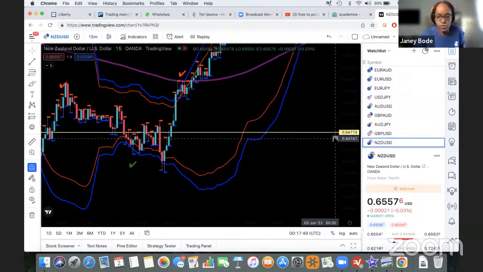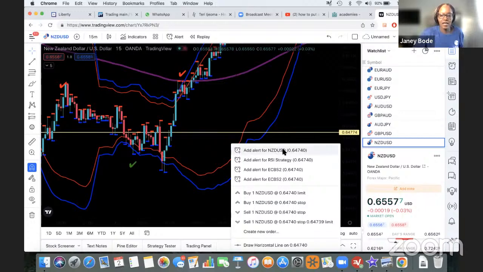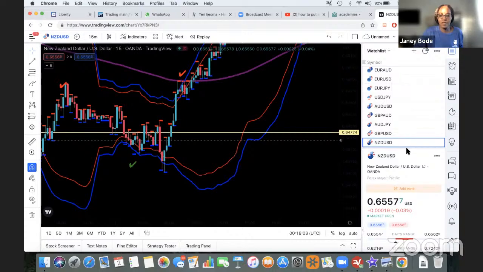So all you have to do is find your area like this, and then click on this plus sign. You see that plus sign? And then just click add alert. The first one. That's it. The way you know it's been added is it's going to turn orange like that. And then if you come here, you see this clock here, Marcy?